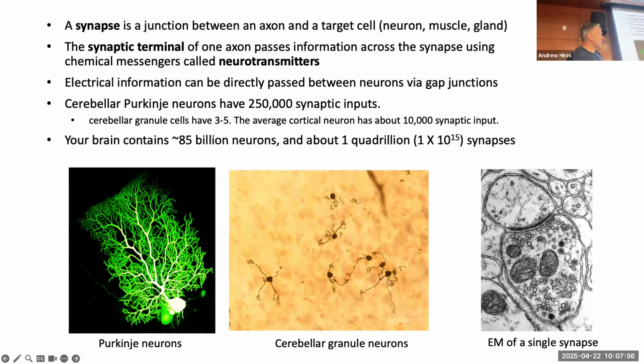This is what an electron micrograph of a single synapse looks like. We have a presynaptic terminal here. How can we tell it's a presynaptic terminal? This is a thin slice of one neuron talking to another neuron. We have these little circles. Those are the vesicles that are full of neurotransmitter.